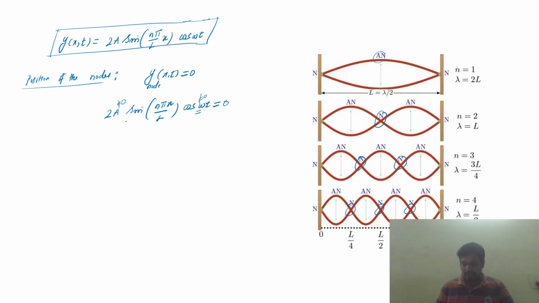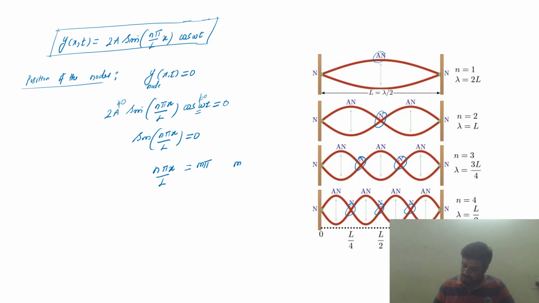The only function that goes to 0 is the sine function. So to satisfy the right hand side of the equation, sin of n pi x by L goes to 0. The sine argument n pi x by L should have the value m pi. Then only, at the nodes, the amplitude goes to 0.